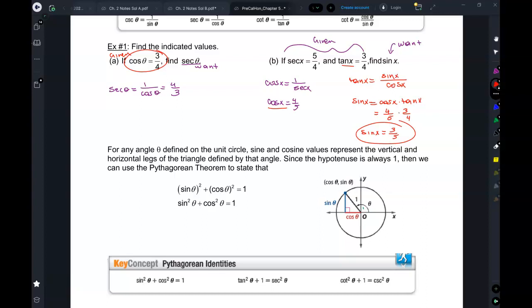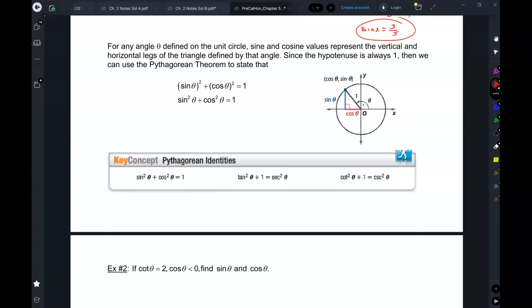Okay, so let's do this one. When we have a right triangle, we know by now that this is the cosine and this is the sine, right? Let's just label those y and x. Why not? Now, what does the Pythagorean theorem say?